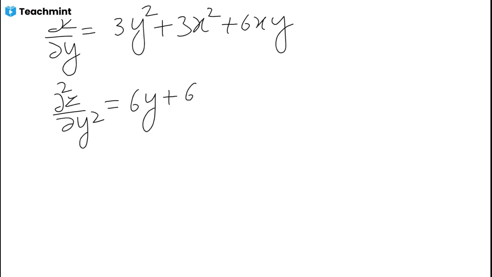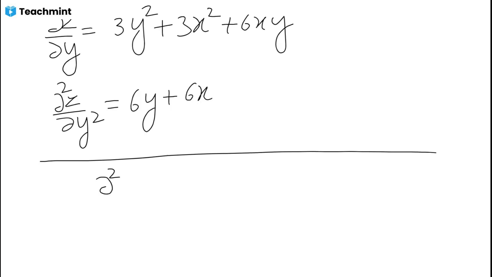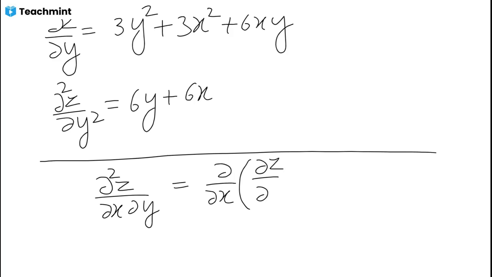But in partial derivatives, we find second order derivatives in this way also. Del square z over del x del y can be written as: differentiate the derivative with respect to y again with respect to x. When they ask us to find second order derivatives, we need to find these also.